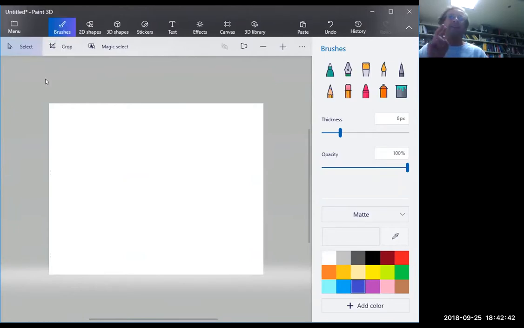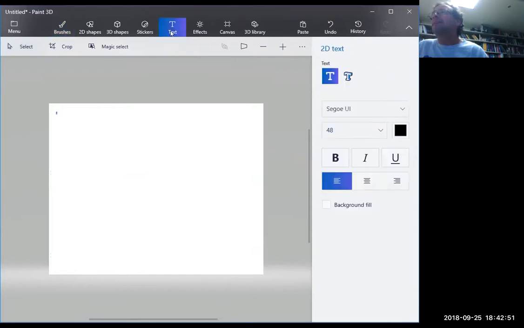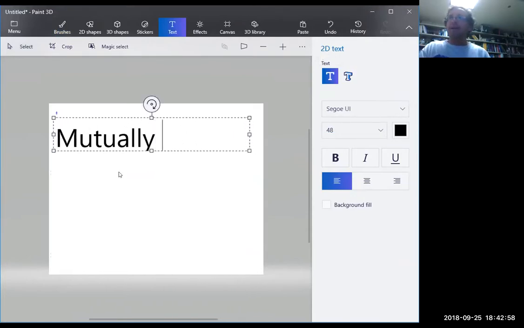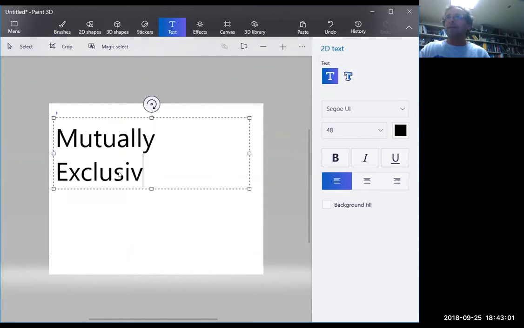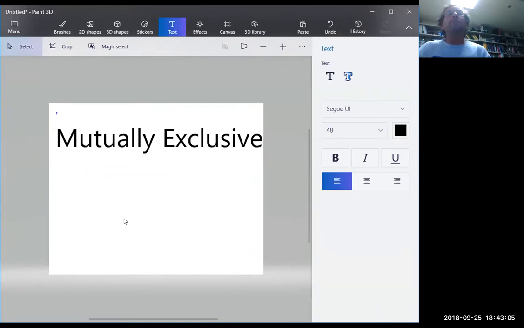I know that's 2 words, but it's one idea. So the idea of mutually exclusive: if you have 2 events that are mutually exclusive, they can't both be true.